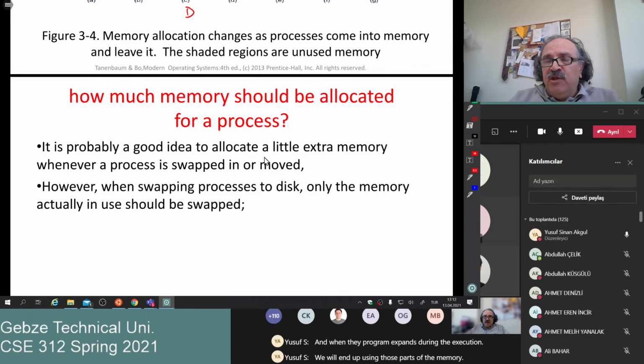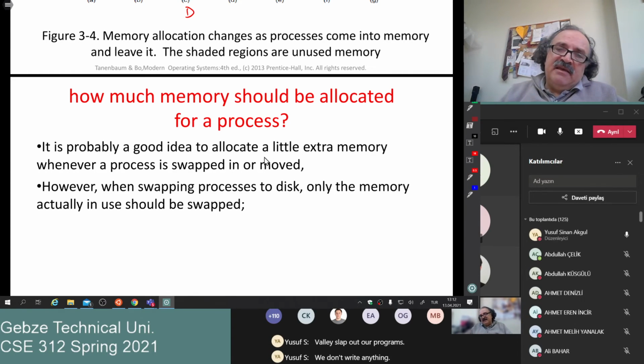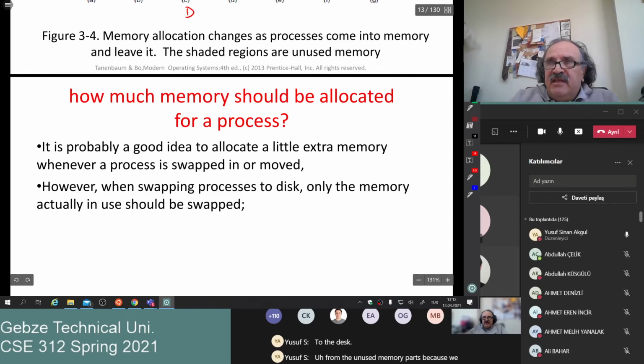That's the idea of allocating more space. Of course, when we swap out our programs, we don't write anything to the disk from the unused memory parts, because we allocated a little bit more.